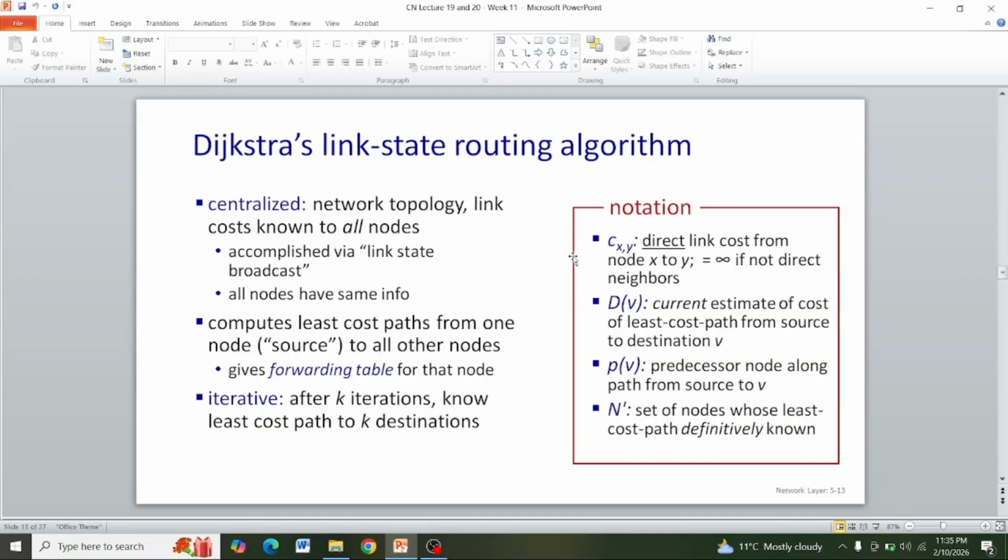Here in this slide, we can see notations used in Dijkstra's link state algorithm. C(x,y) denotes the link cost from node x to y, and if there is no direct link, then as we discussed earlier, we will denote the cost as infinity. Otherwise, we will mention the link cost of that link.